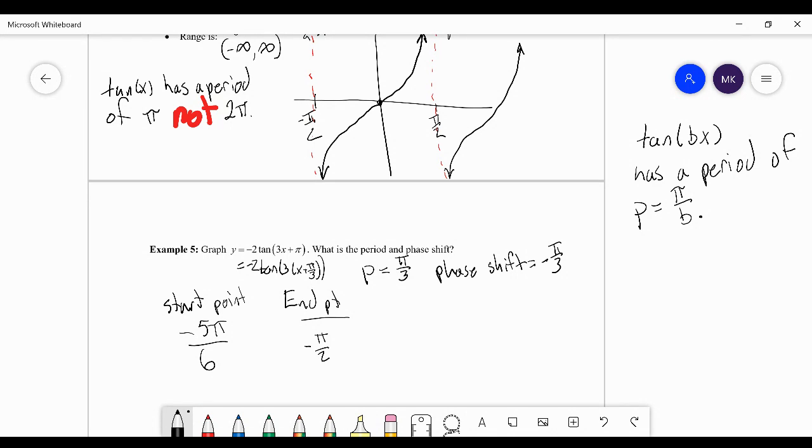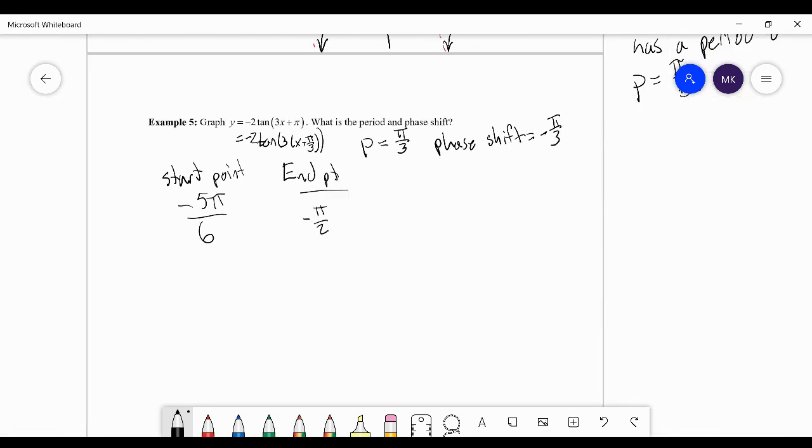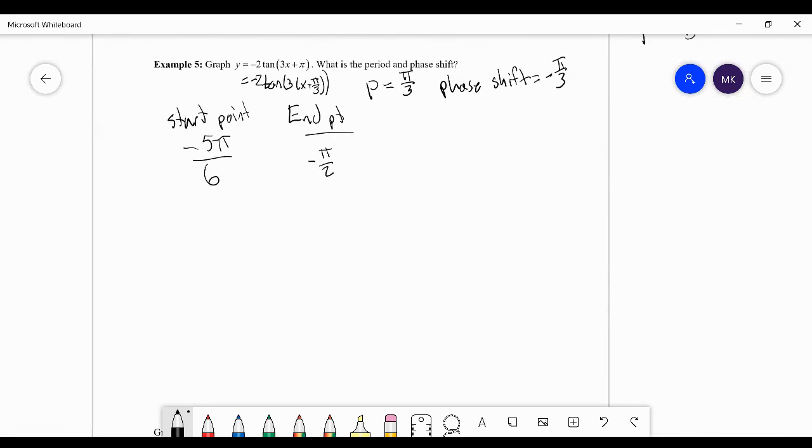And if we look at what that graph would look like: negative pi over 2, negative 5 pi over 6, halfway between there.